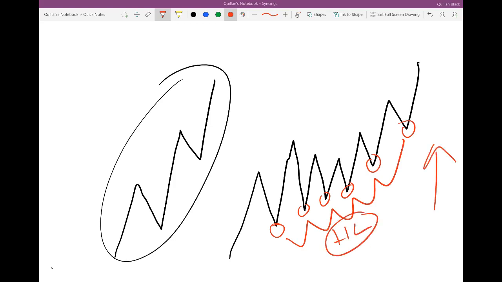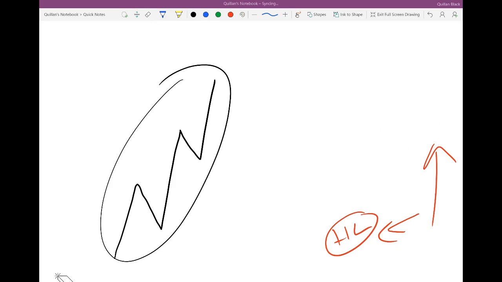So overall the uptrend was still being maintained because this was not being broken, up until the market breaks a level of support, which is a higher low point. As long as the higher low point is not being broken, it's still going to be maintained as an overall uptrend.